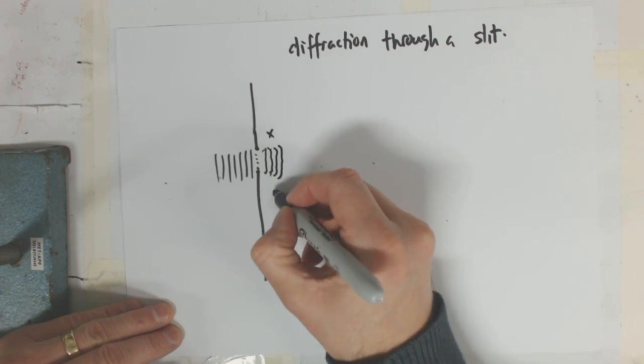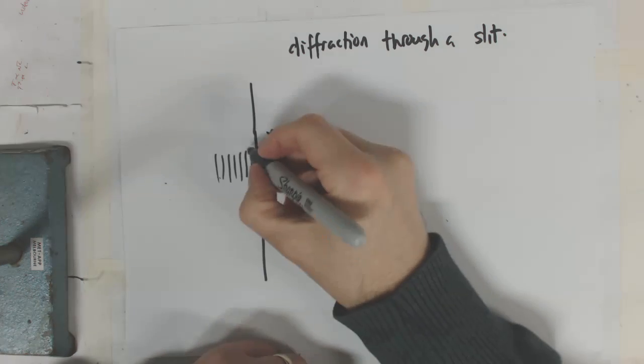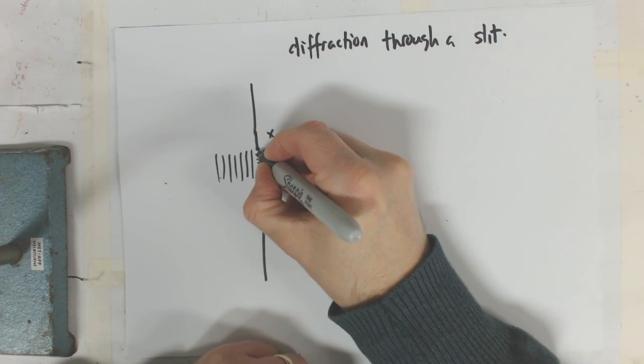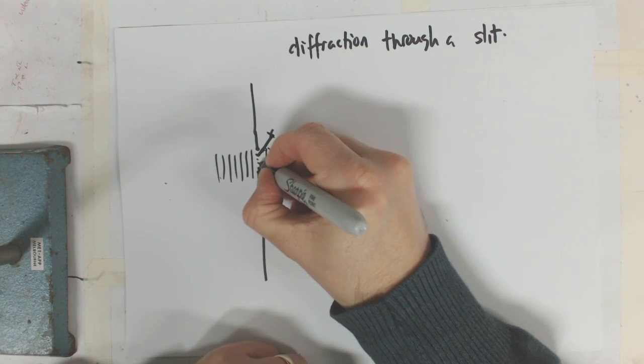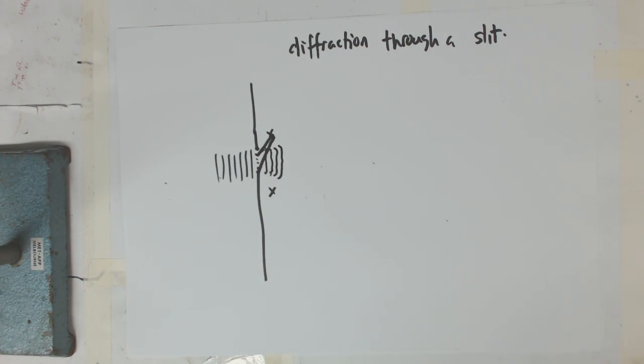So the question is, why over here do we not get the wave, when we know that from this point here the wave will travel, and from this point here the wave will travel? But this is the key, what I just drew there.